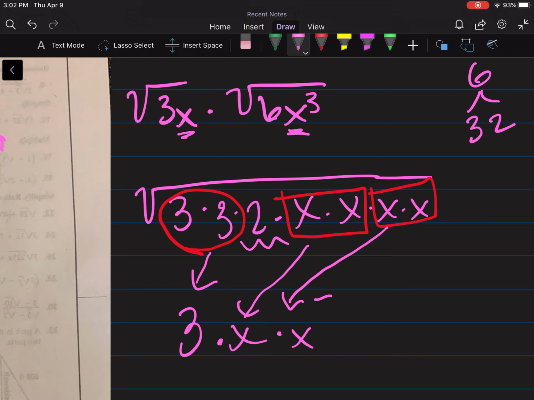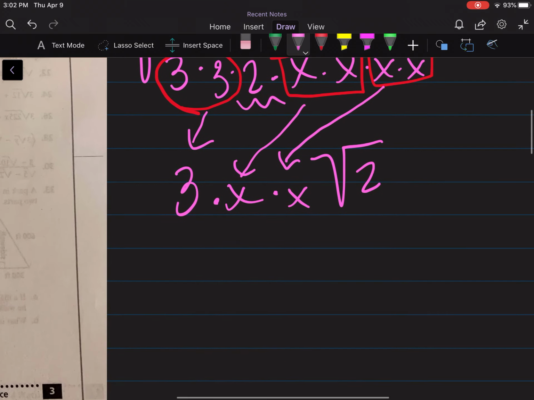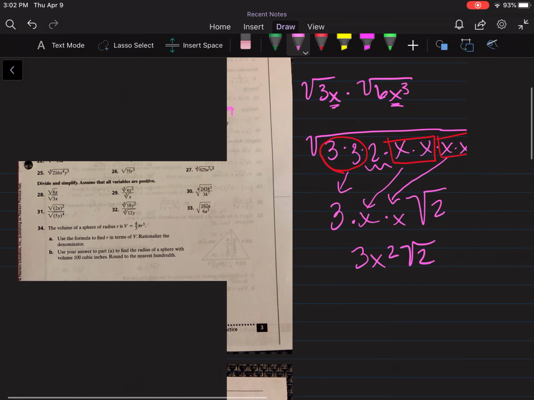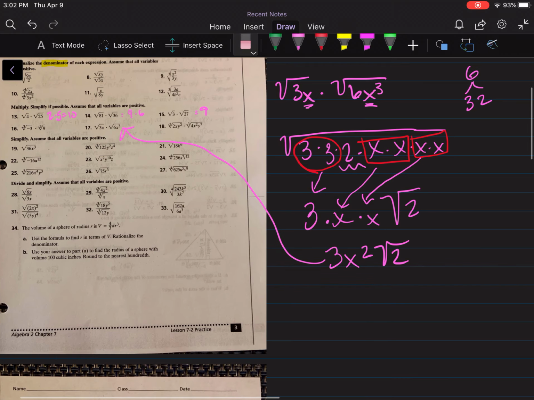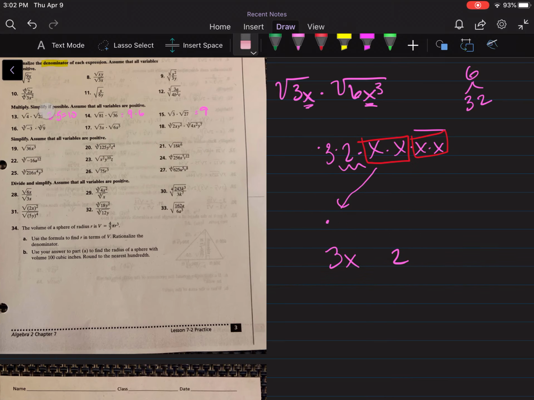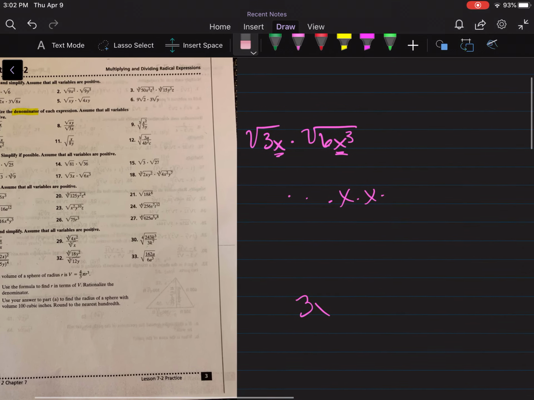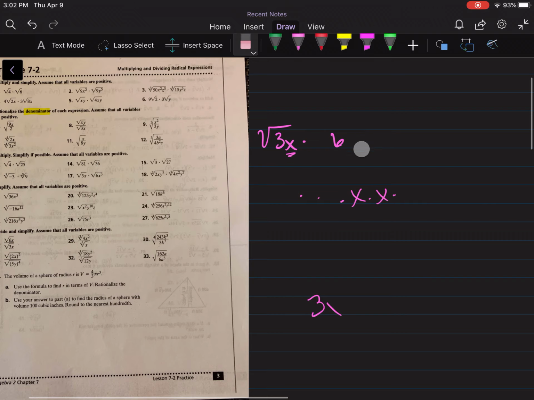And inside the box all I have left in our house there is a 2. So that's going to be multiplied out to 3x squared, square root of 2. And that is your answer for number 17 there. Okay, you do 18 and 16 a similar way. Give me some practice there on those. Hold on, let me erase all this mess so we can move on to the next part.